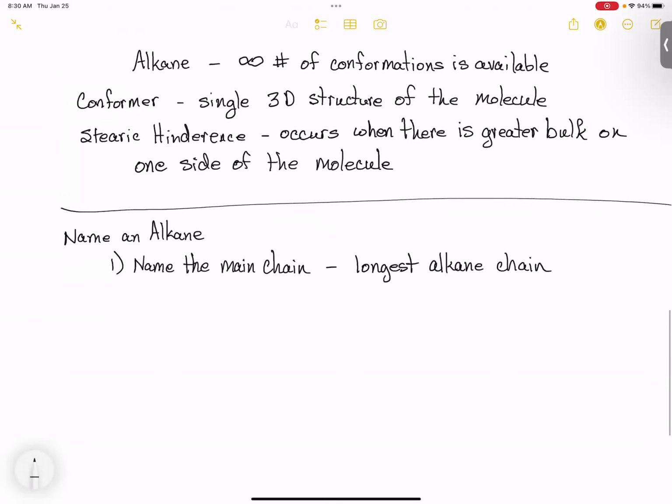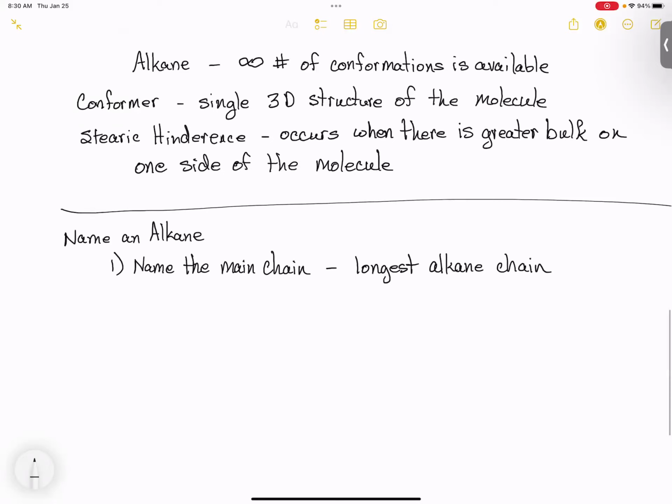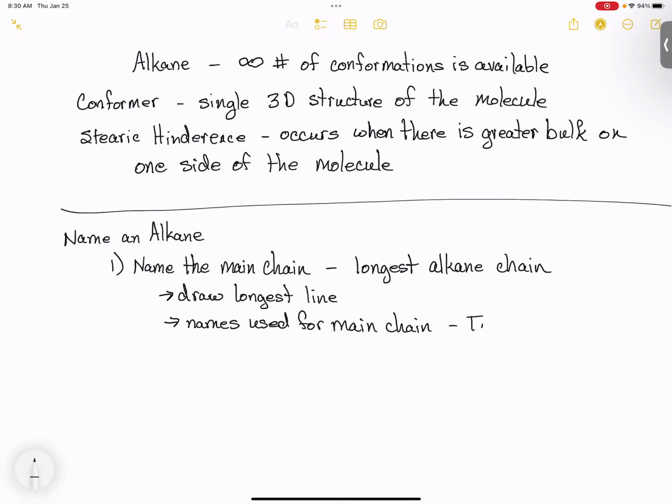Now, once you've identified that main chain by drawing that longest line, then you're going to name it. And the names that we will be using for the main chain are in table 12.2.